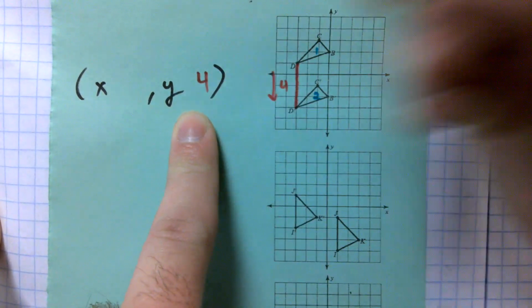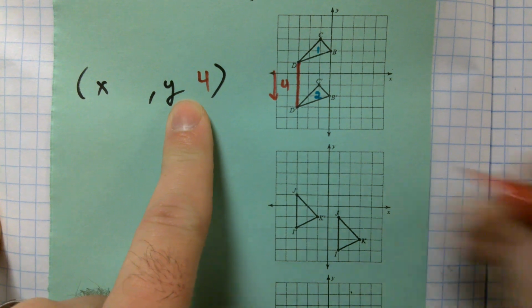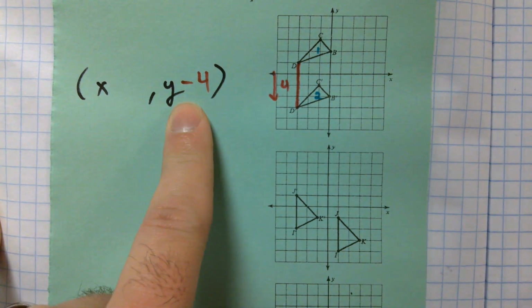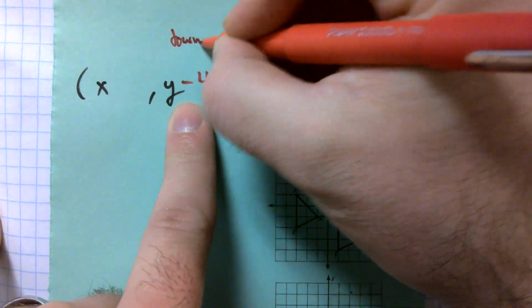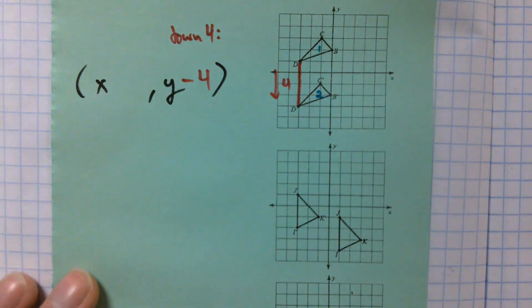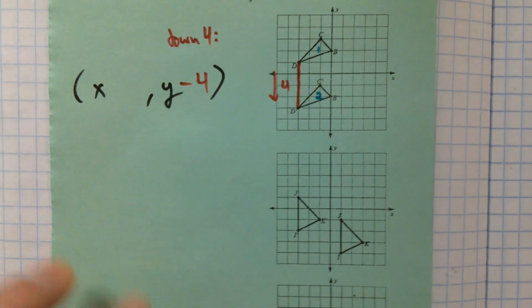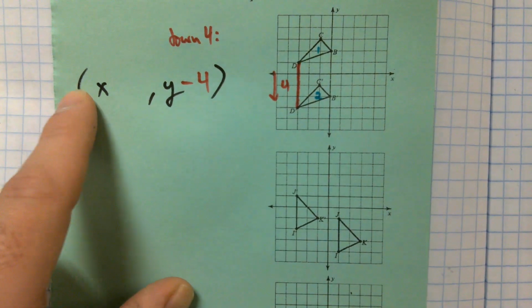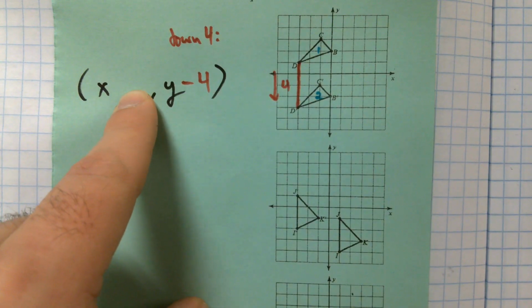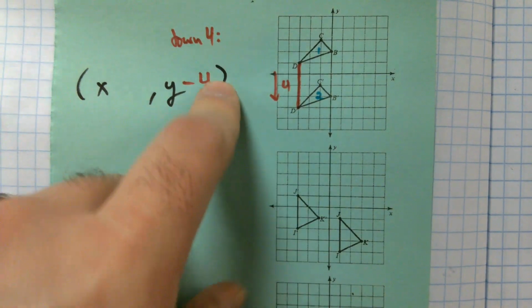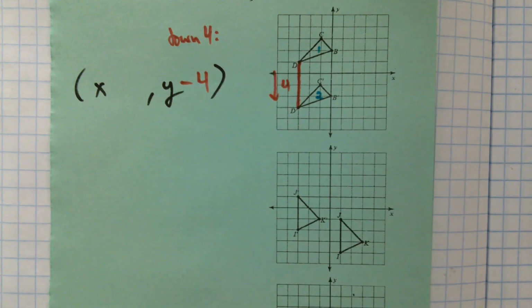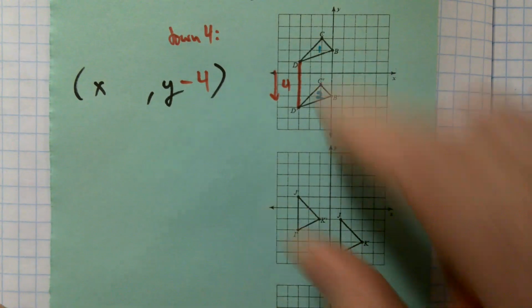What's going to be in between the Y and the 4, though? A negative. Because we went down 4. Each half of my rule is always letter, sign, number. And the other side is letter, sign, number. Because the rule is telling me what I'm doing to each of these coordinates, like we just saw.